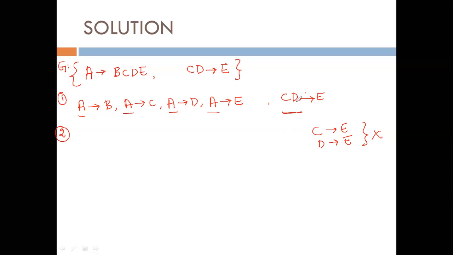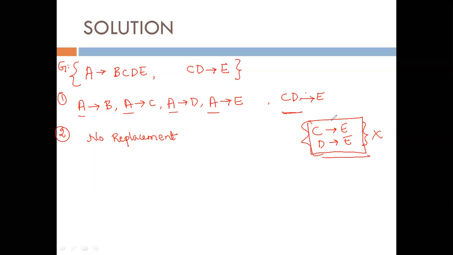So neither C nor D is erroneous on the left side, because we cannot deduce C yielding E or D yielding E from the given functional dependencies. In the previous example the replacement was possible, but here it is not.